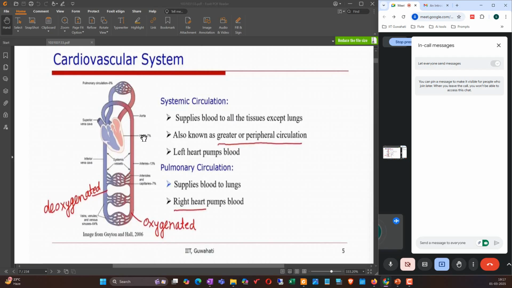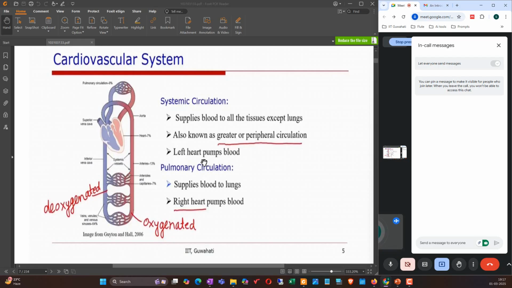Based on these percentages, some questions can come on how much blood is at a time on the deoxygenated side. So where is the largest amount? The veins, venules and sinuses. Here 64% of the blood resides, which is deoxygenated, in the process of pumping of the blood.